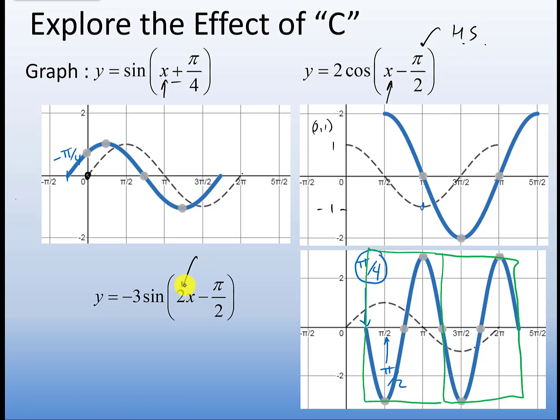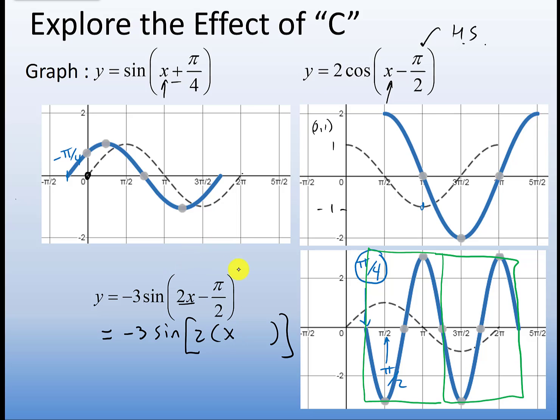But this one, x is not by itself because I have 2x here. However, if we factor the 2 out, then we will get x by itself. So 2x divided by 2 is x. So I factored out the 2.